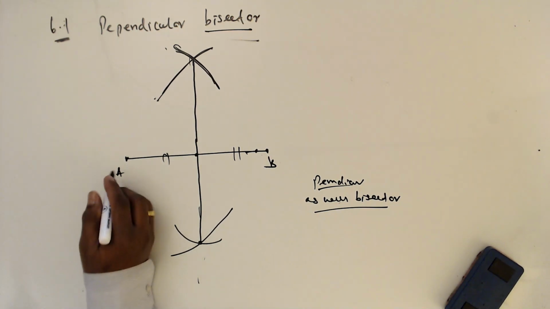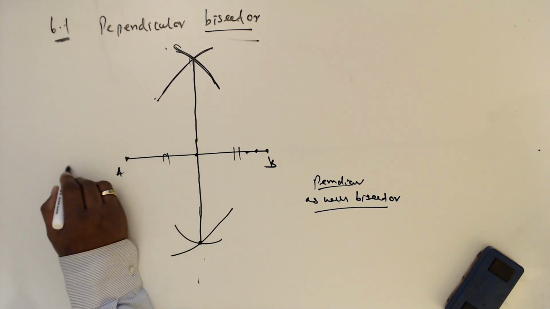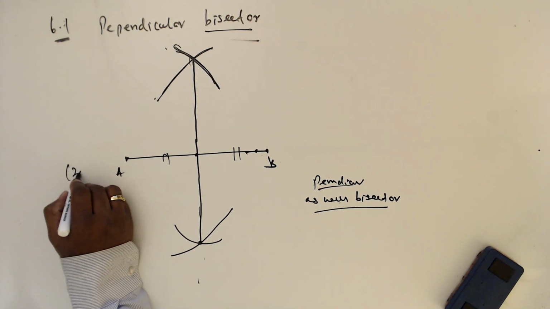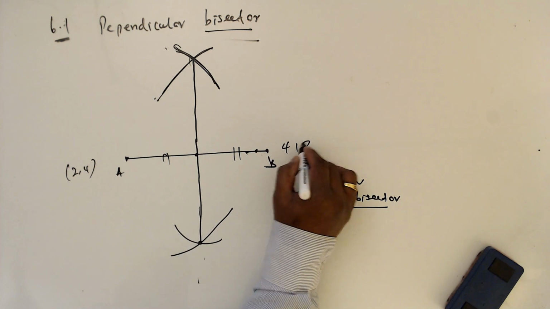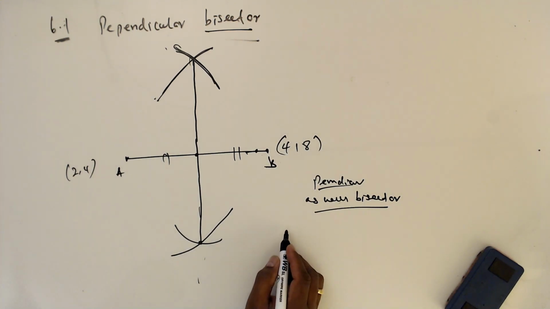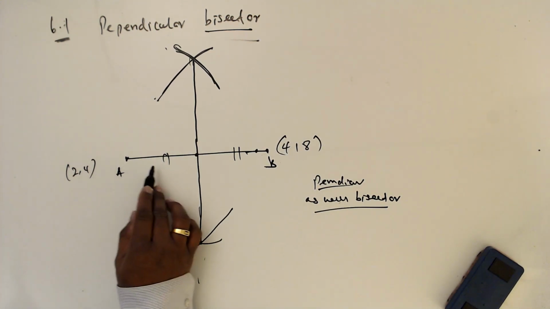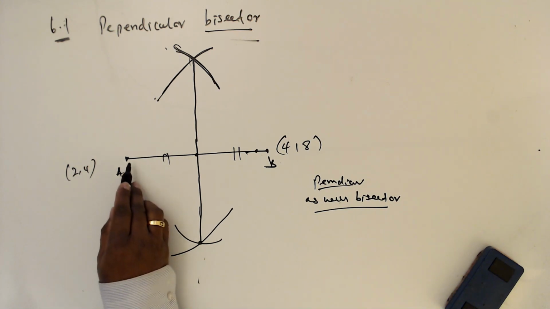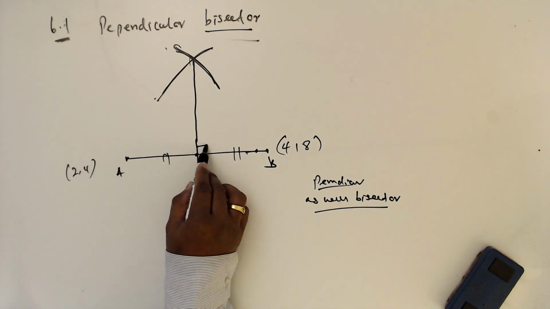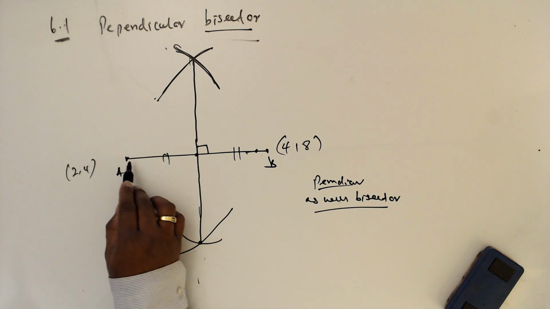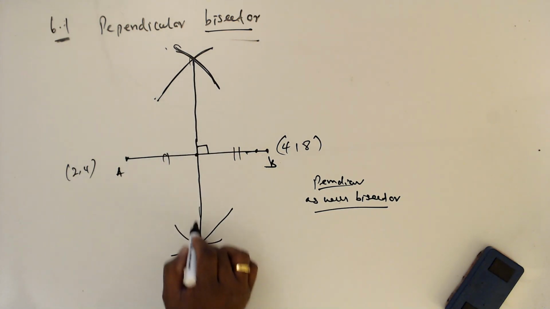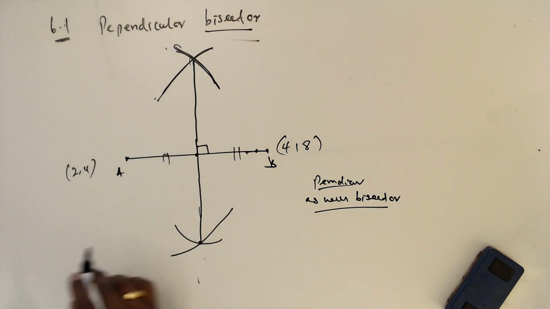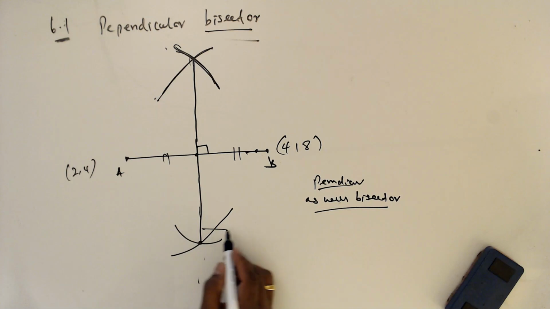Now assume you know the coordinates of A and B. I will take this as 2, 4, and this as 4, 8. If you know the coordinates, then how can you find the equation of this perpendicular bisector?